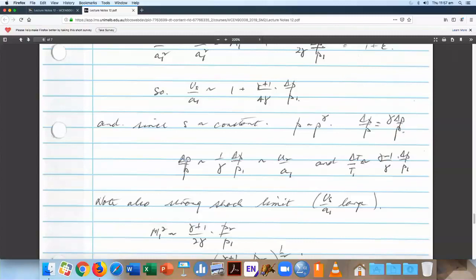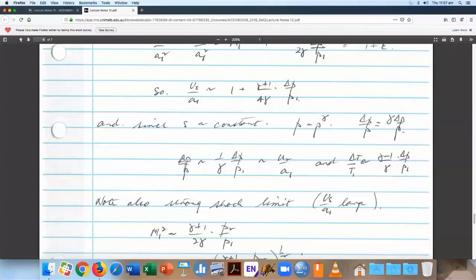And so delta rho over rho is 1 upon gamma delta P over P, and that's going to be U2 over A1. Well, you can just evaluate that. And delta T goes like gamma minus 1 over gamma delta P for isentropic flow.